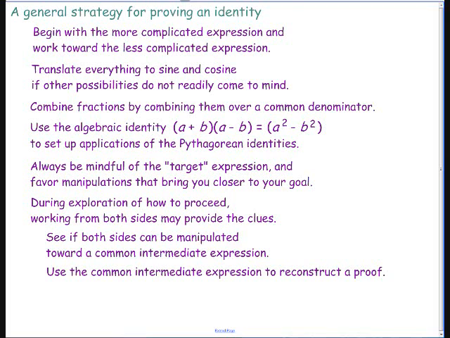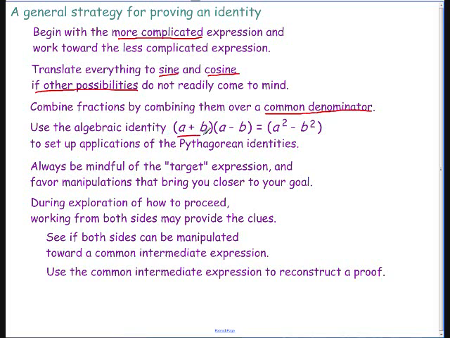General strategy for proving an identity. Begin with the more complicated expression. If you don't see what to do, translate everything into sine and cosine. You can always do that. Put things over a common denominator.